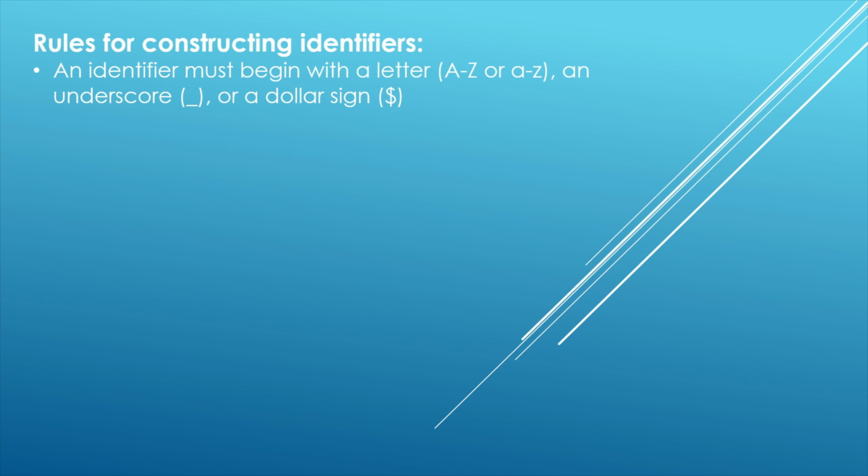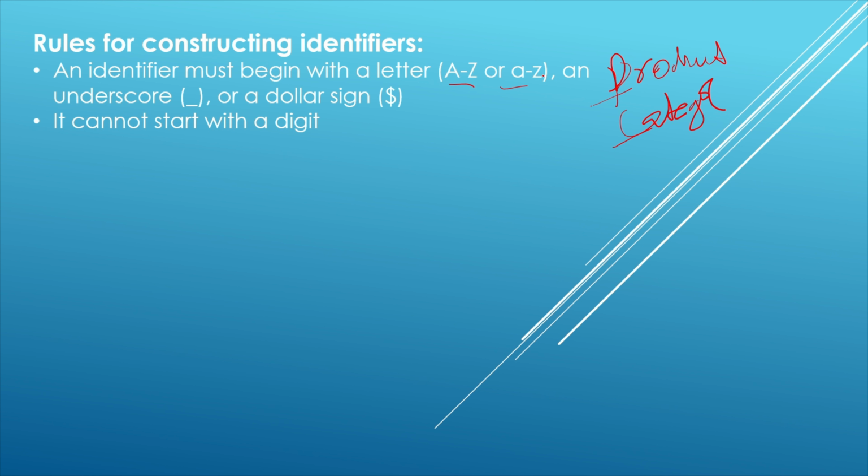An identifier must begin with a letter, that is A to Z, either capital or small, an underscore or a dollar sign. And it cannot start with a digit. So it means I can write a class name called product or category because it's starting with a letter.